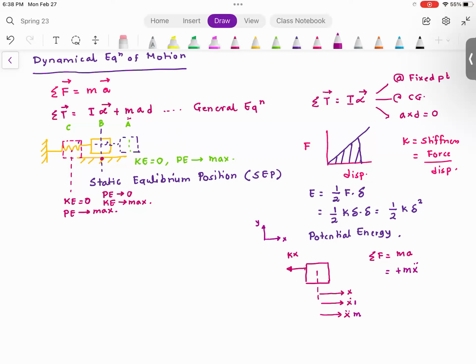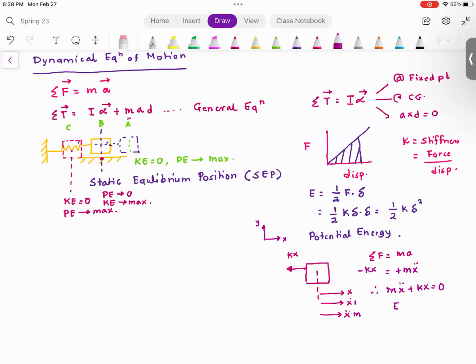And the spring force, as you can see, is going towards the left, so it is minus Kx. Which means the equation is m x double dot plus Kx is equal to 0. Do you agree with me? This is called the differential equation of motion.